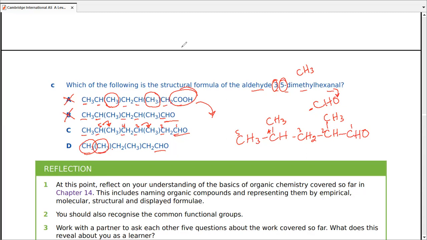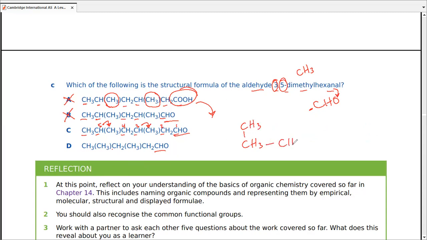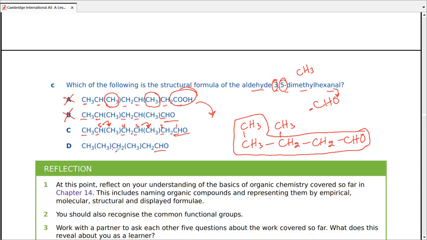Now, let me show you that if I am going to draw this, it won't make any sense to you. How? Let me show you. CH3. Now, bracket means this should be on top of this CH3, CH3, CH2, and then this means there has to be a CH3 over here, and then CH2, and then CHO. Now, the straight chain would work like this, which means we never needed brackets with this one. The brackets are totally incorrect.